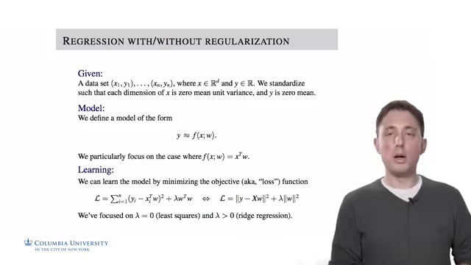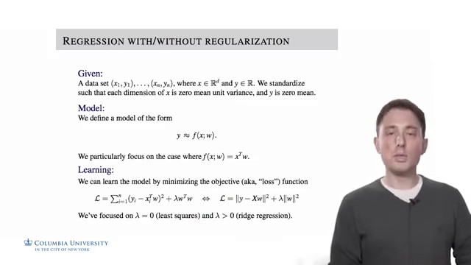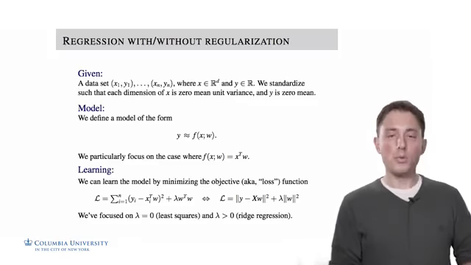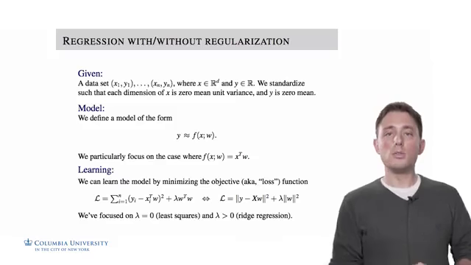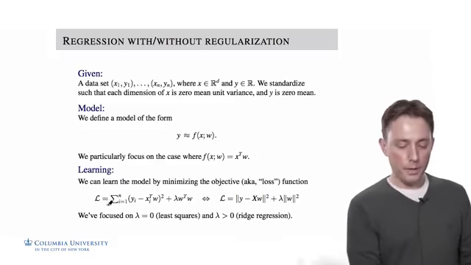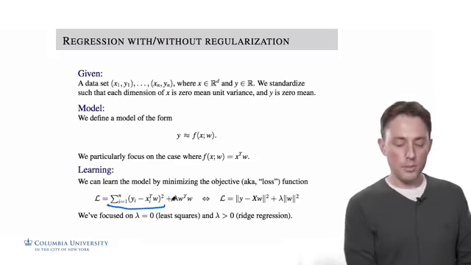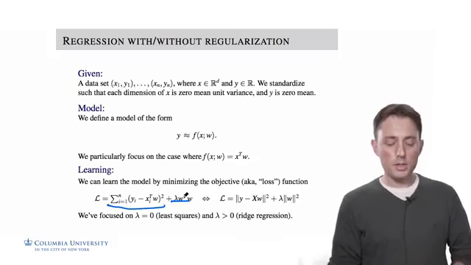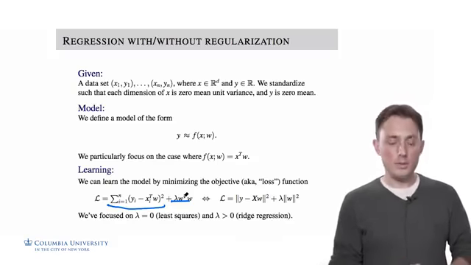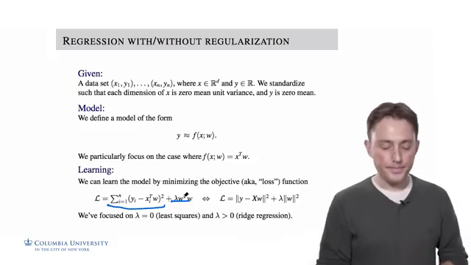The one that we're going to focus on now corresponds to the ridge regression loss function, also called L2 regularized least squares. We have as the first term the sum of the squared errors, and as the second term we add a penalty of the squared magnitude of the vector w times some regularization parameter lambda that we set.